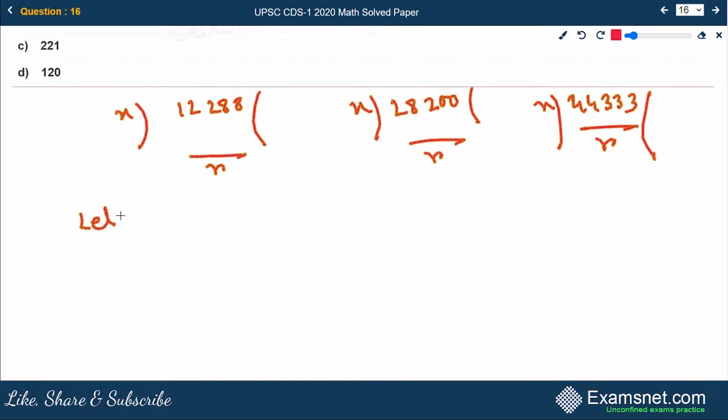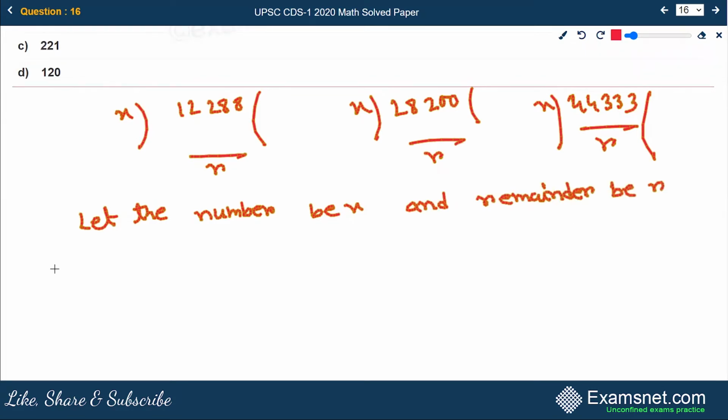Now, let me write it mathematically. Let the number be x and the remainder be r. So we can say 12,288 minus r is divisible by x.